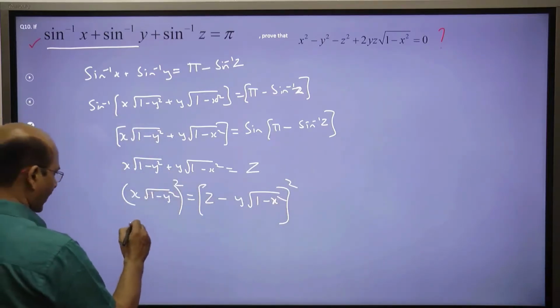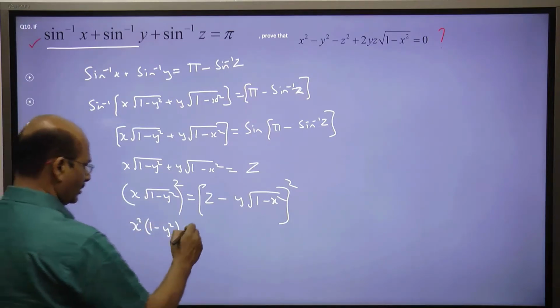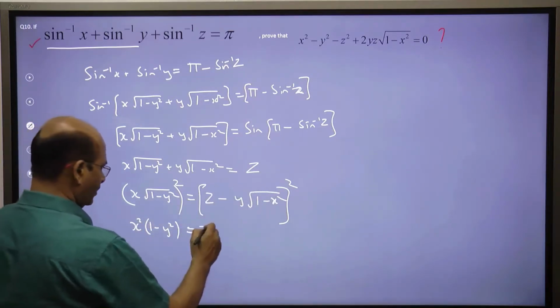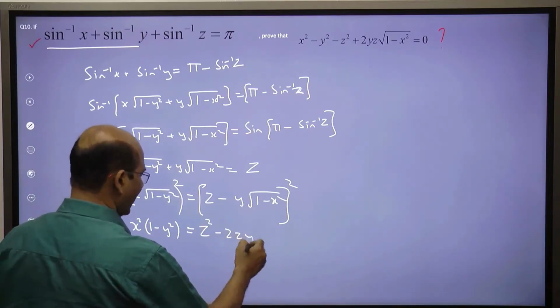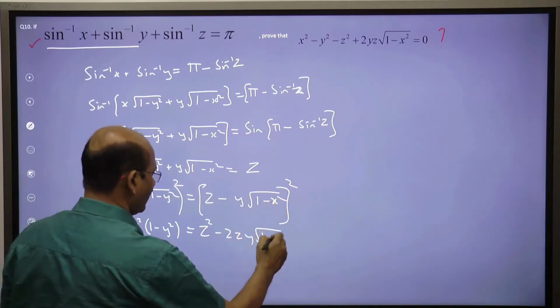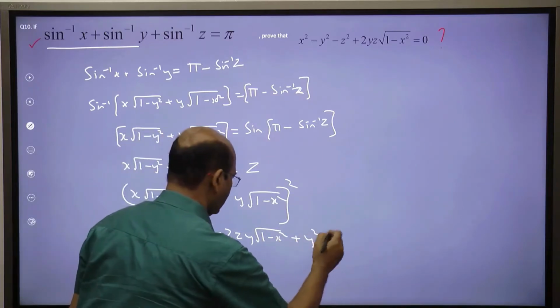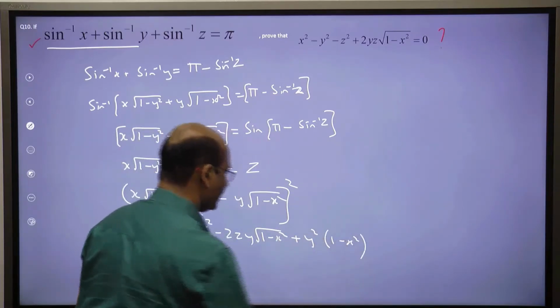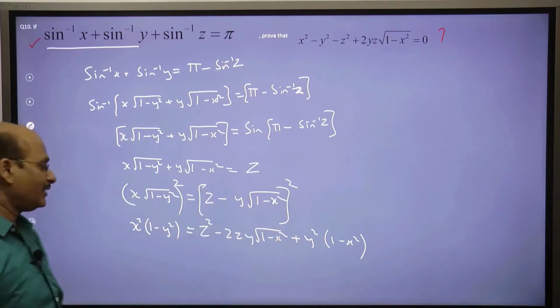So this will become x square times 1 minus y square is equal to, what will happen? z square minus 2zy root of 1 minus x square plus y square times 1 minus x square. Remember a minus b whole square is a square minus 2ab plus b square, apply the identity formula.